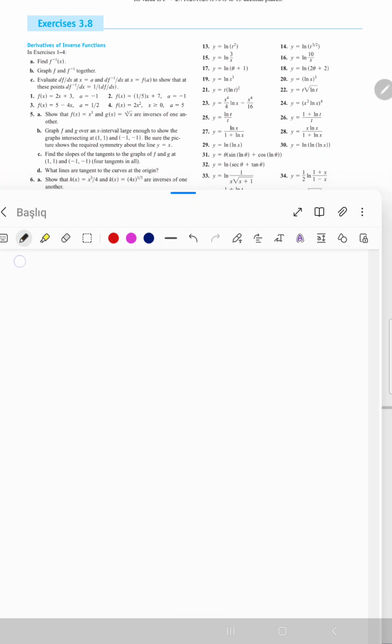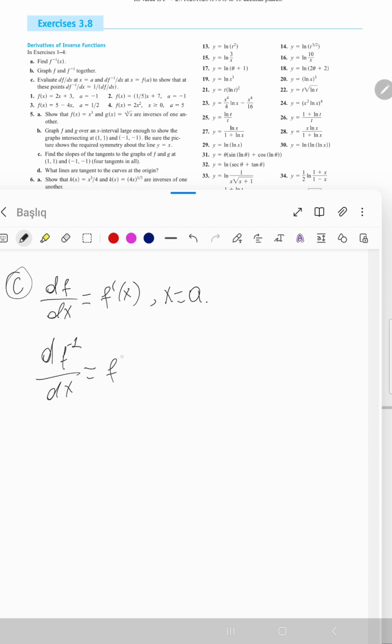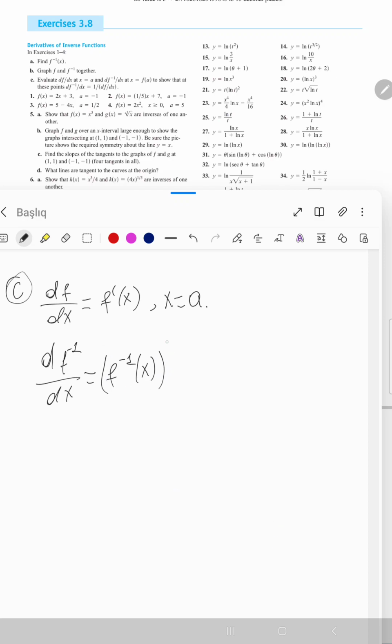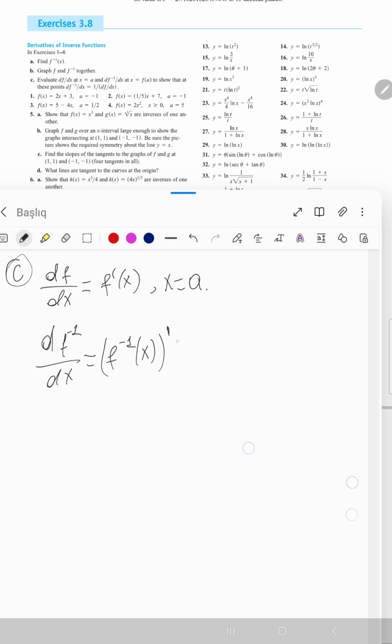C. Evaluate df over dx at x equal a. We have to find the derivative of f(x) at x equal a, and also the inverse function's derivative at, of course, f(a), and show that at these points the derivative of the inverse function is equal to 1 over the derivative of the main function.